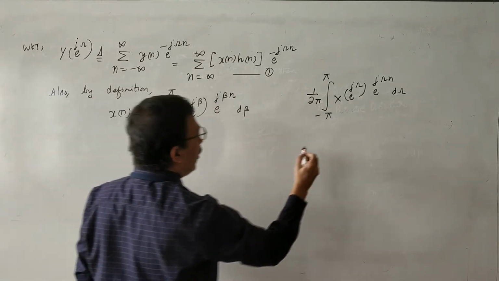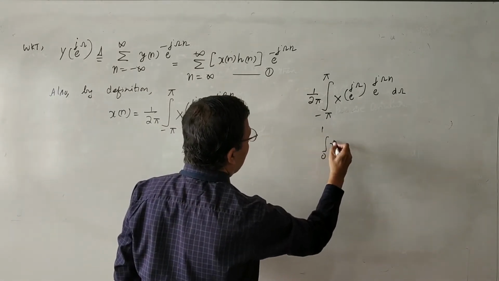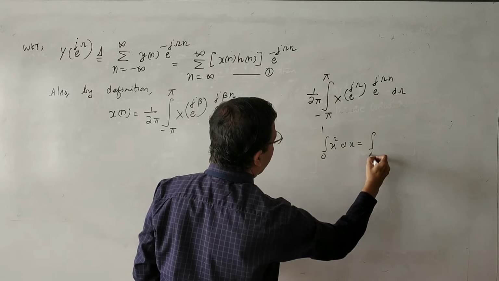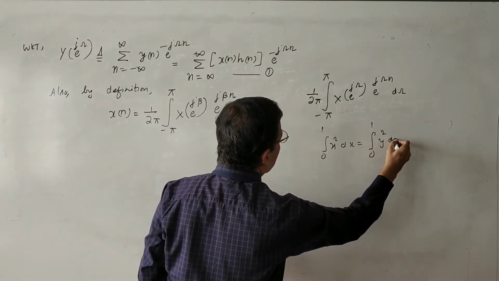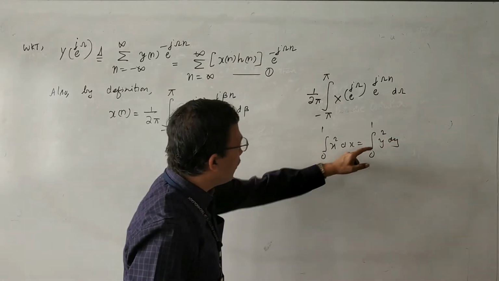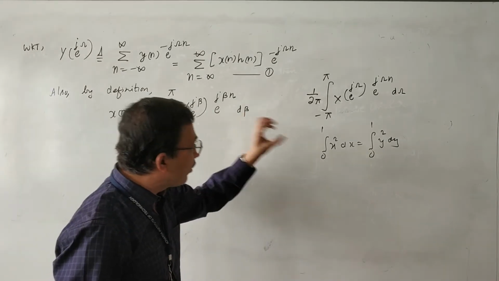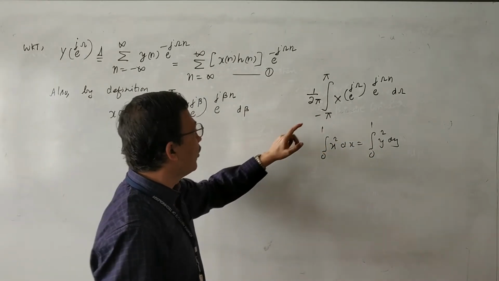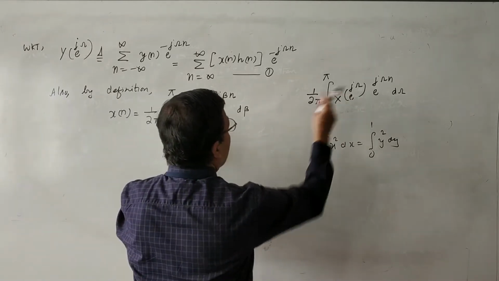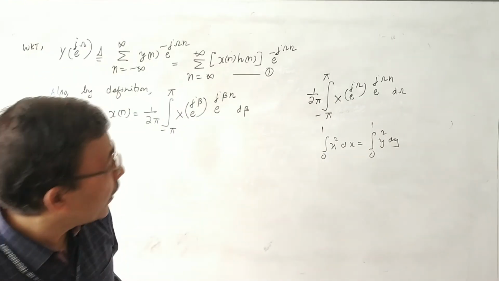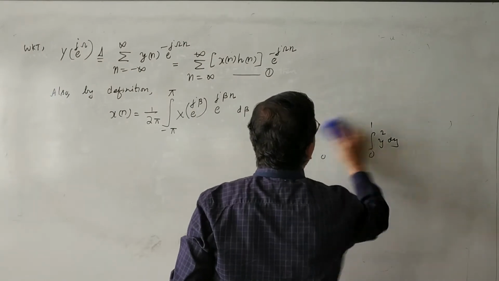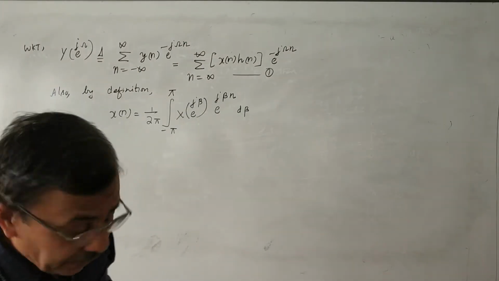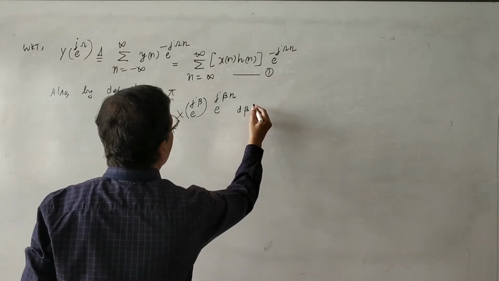What do I mean by dummy variable? Integral 0 to 1 x square dx is the same as integral 0 to 1 y square dy. Both these integrals will give the same result. Therefore, whether we have x inside the integral or y inside the integral, it is immaterial. The same logic is applied to these two integrals. This I call equation number 2.